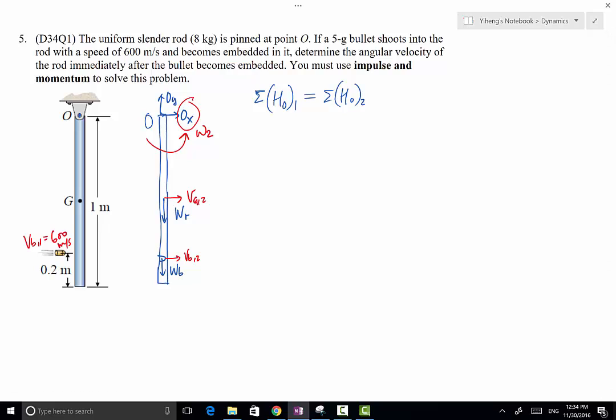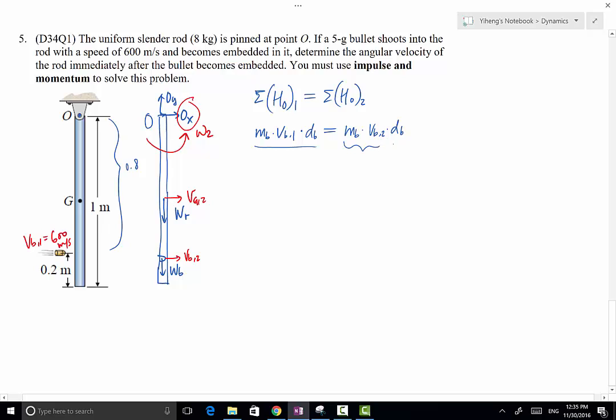So initially, the slender rod is at rest. The bullet has linear momentum of m_b v_b1, and about point O, we have a moment arm of, let's call it d_B for now. Okay, it's actually 0.8 meter. So this is the total angular momentum the bullet has initially about point O, and then after it has become embedded into the rod, we will have angular momentum caused by the linear momentum of the bullet.